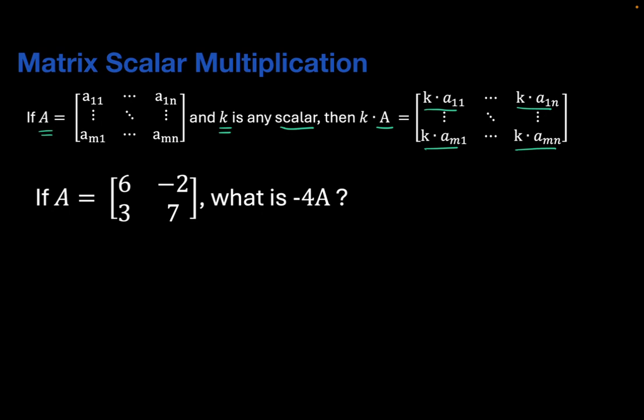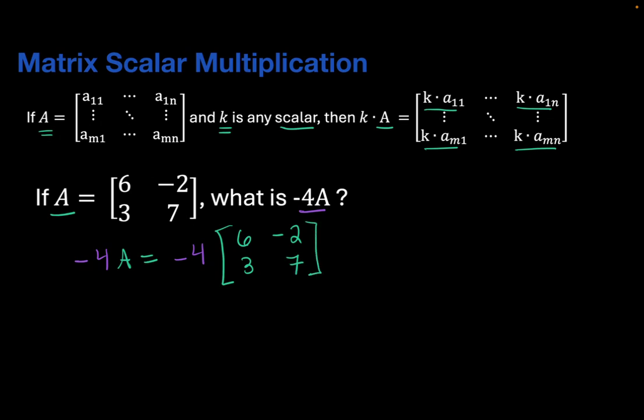So if we have an example here where we have A as this matrix, and we want to know, well, what is -4 times matrix A? Well, -4 times matrix A is going to look like -4 times the matrix 6, -2, 3, and 7.